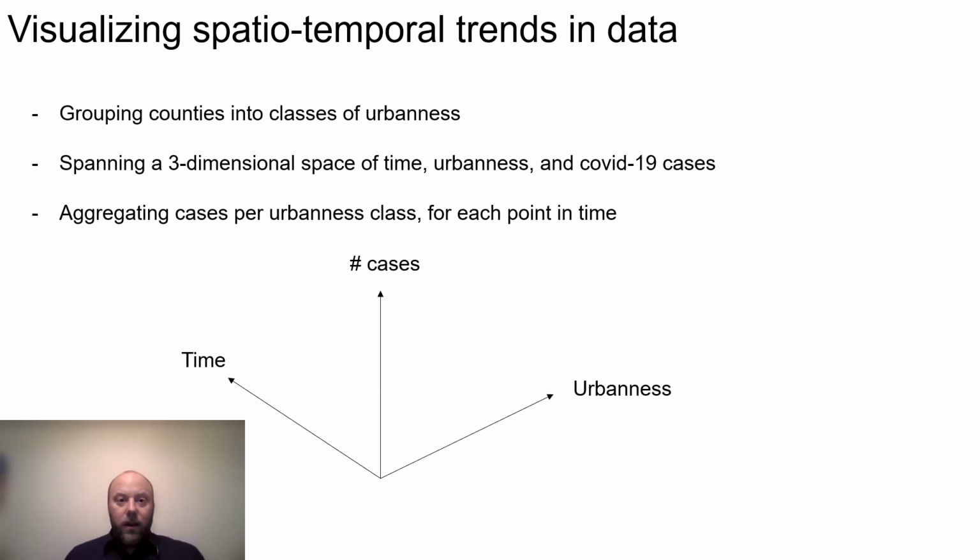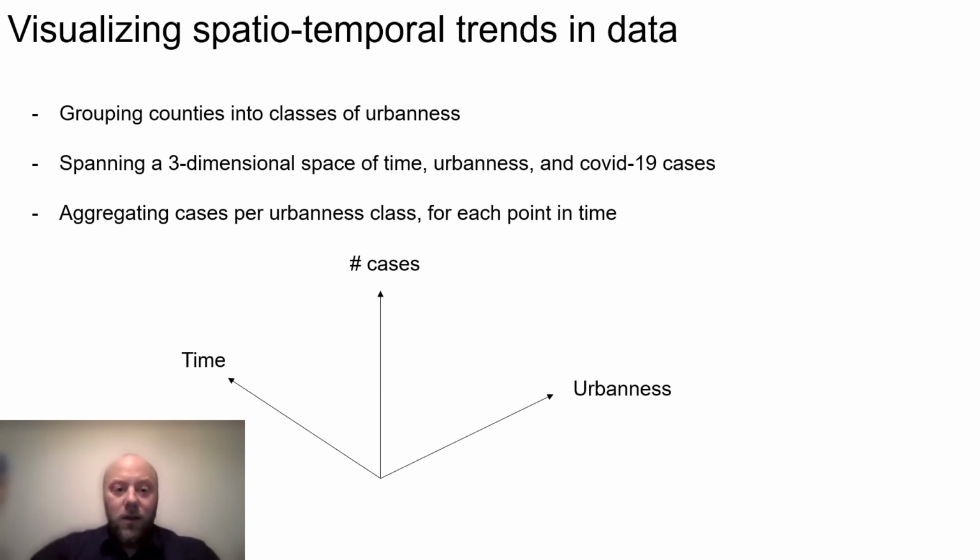Now, if we want to visualize how COVID spread over time, and at the same time how it spread across this rural-urban continuum, we span a three-dimensional space where the three dimensions are time, urbanness, and the number of cases.